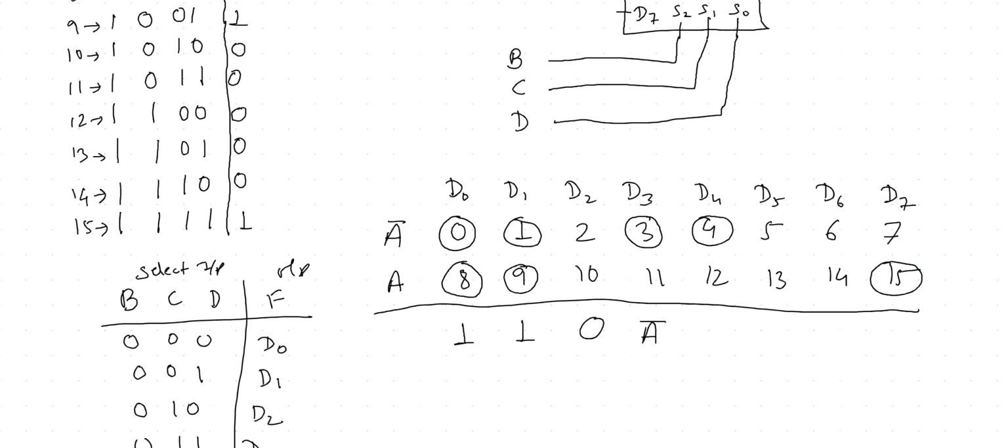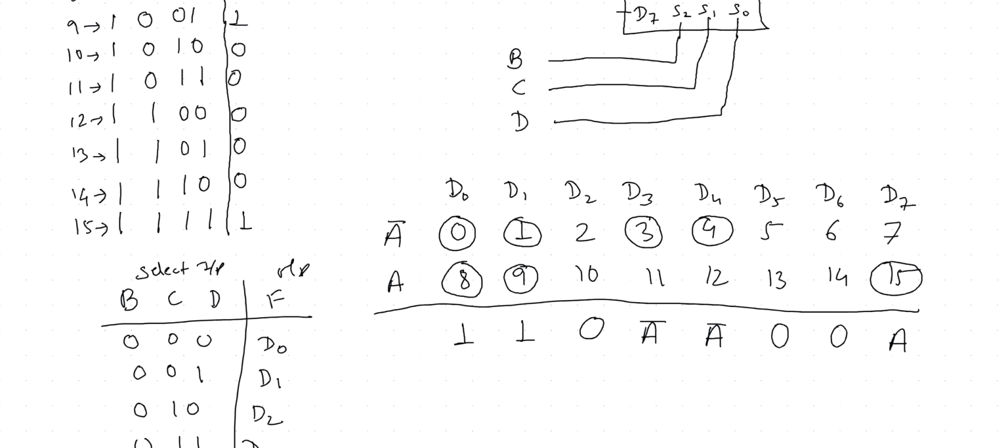Similarly, for D4, A bar position is also circled. So D4 is also equal to A bar. And at the D5 position, there is no circle. If no circle, then it is 0. And in case of D7, the circle is in the place of A. So here the value of D7 will be A. Okay.